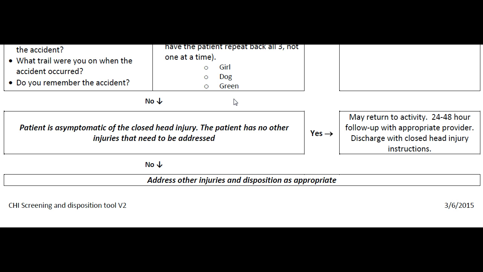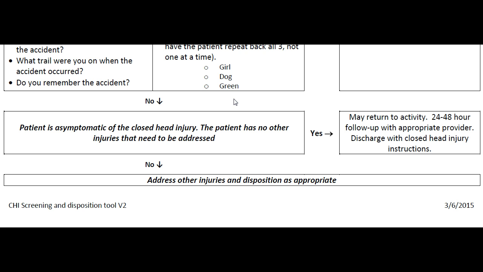And you need to discharge them with closed head injury instructions that basically give them a description of things that would be concerning, and reasons to seek care sooner, and in particular reasons to seek care in an emergency department. So things that would be suggestive of the acute intracranial hemorrhage with a neurosurgical emergency that we discussed earlier.